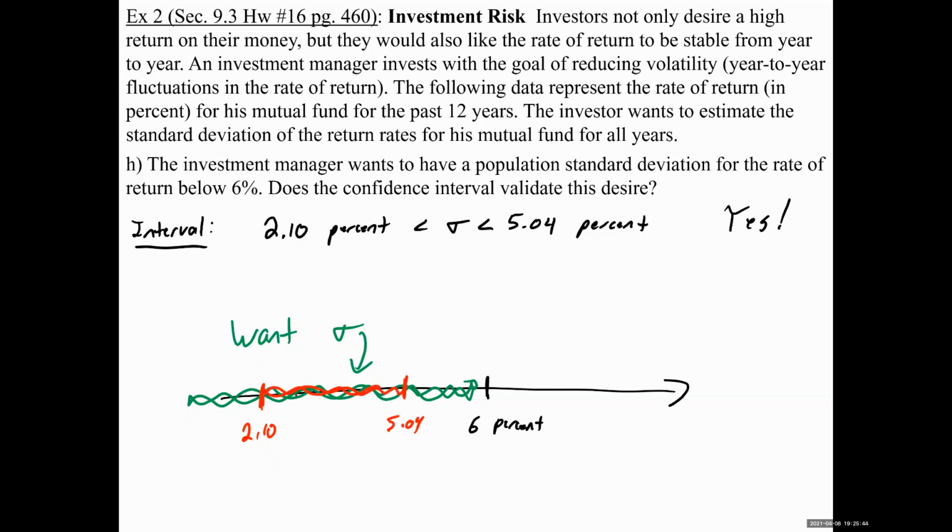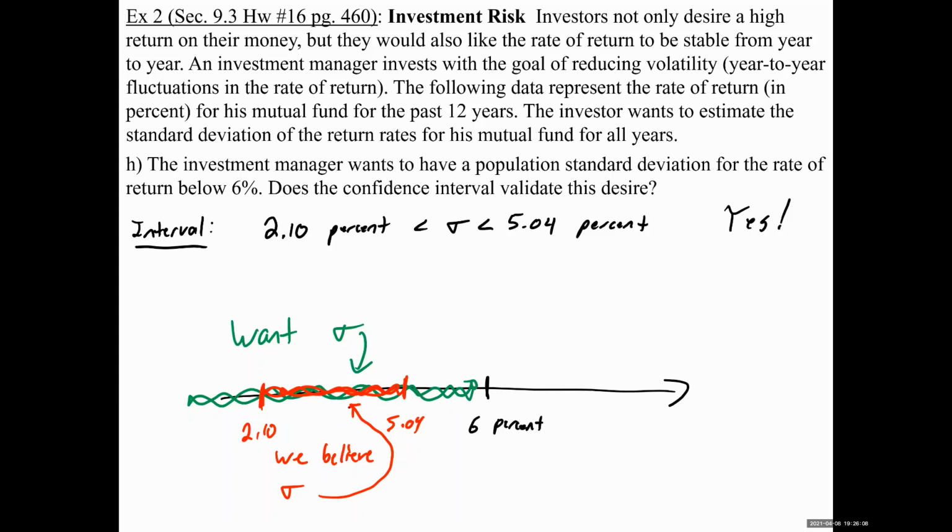We believe that sigma is in the red region. So if sigma is in the red region, it's definitely less than 6%. That's what's going on there. All right, so the answer is yes. So we're happy, it's consistent enough for us, this mutual fund. That's the idea. All right, that's example 2.